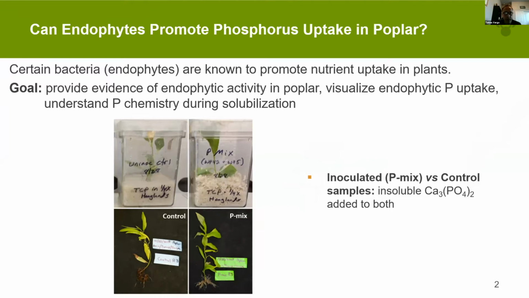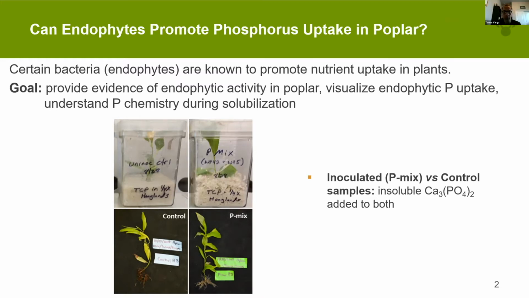These bacteria are known to promote nutrient fixation and uptake, for example of nitrogen, through solubilization in plants. And so we wanted to provide evidence that a select strain of endophytes is able to do that in poplar.